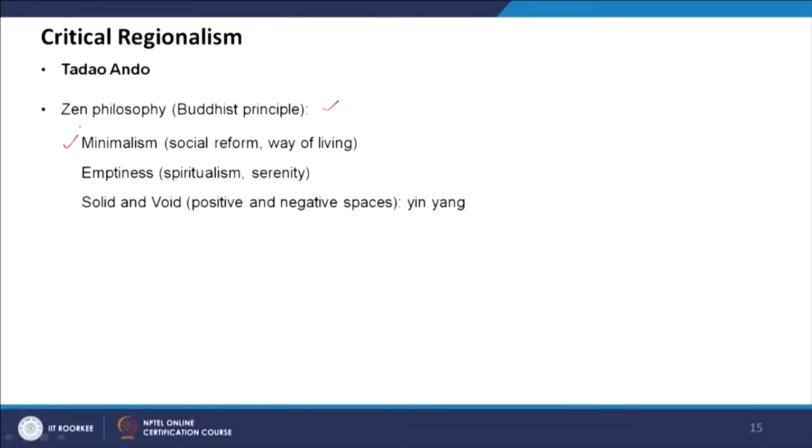So from this Buddhist Zen philosophy, he's taking minimalism, social reform, and the way of living as a particular concept, and the emptiness of spiritualism and serenity.